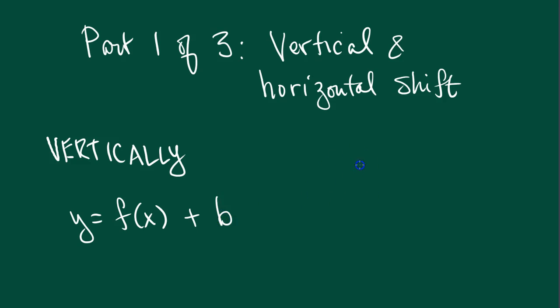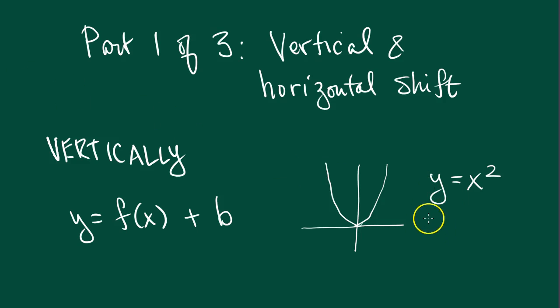So that means that if we add b to, let's say, y equals x squared, and then I'll use a second color, y equals x squared plus b, where b is a positive number, it just picks the whole thing up and moves it up.